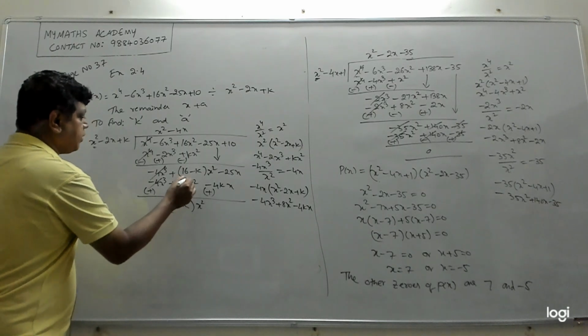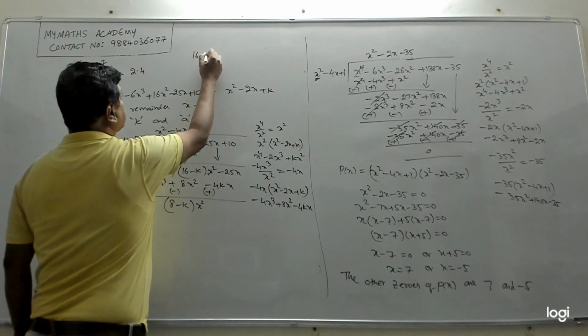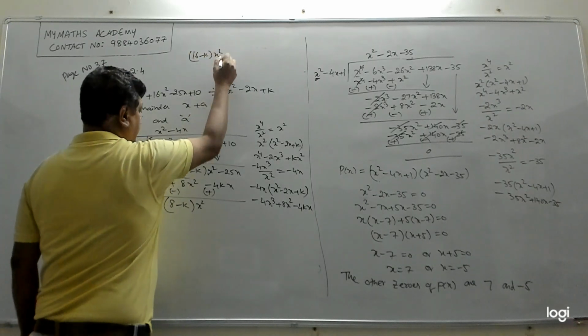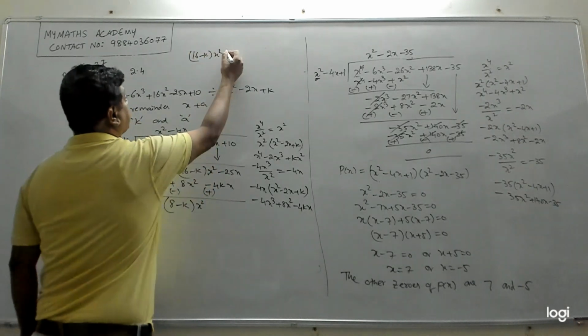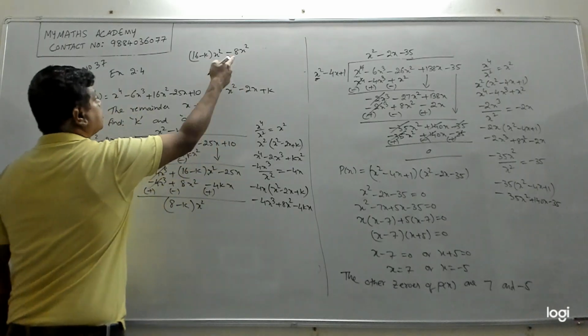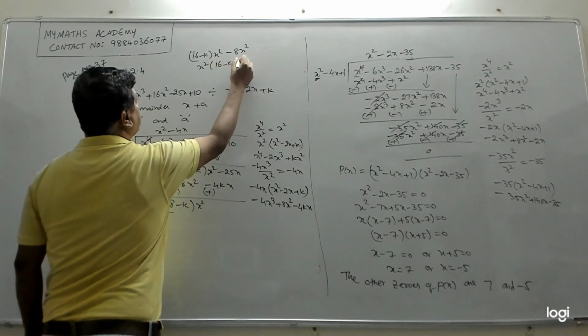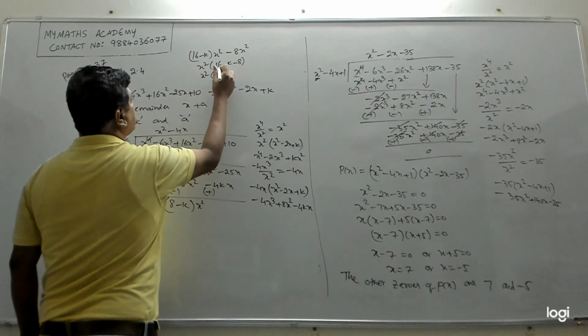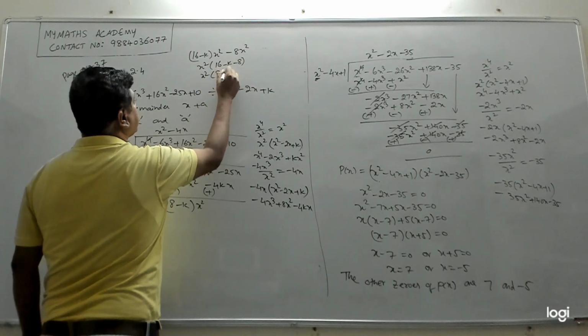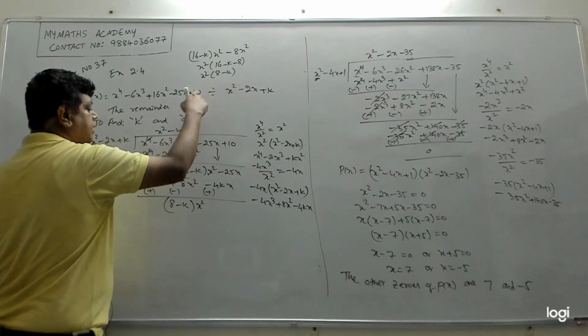Clear? So we have 16 minus k into x square minus 8x square. If I take x square common, it will become 16 minus k minus 8. That will be x square into 8 minus k. So it will become 8 minus k into x square.